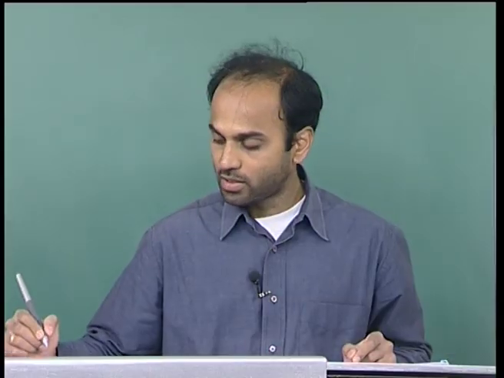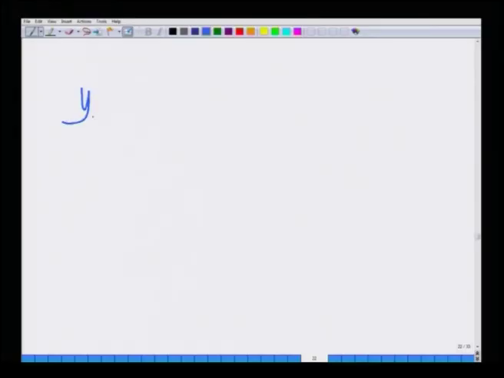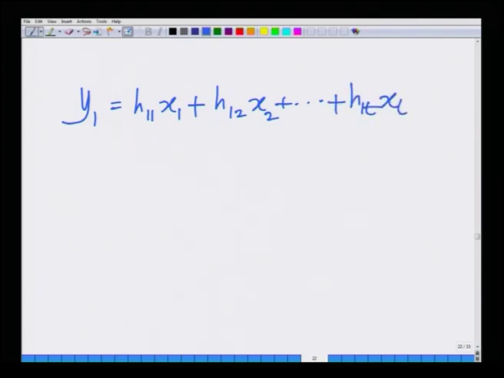Now, let me just explicitly write out what y1 is. y1 equals h11 x1 plus h12 x2 plus so on up to h1t xt. Hence, you can see each of the transmit symbols x1, x2 so on up to xt interferes at y1.